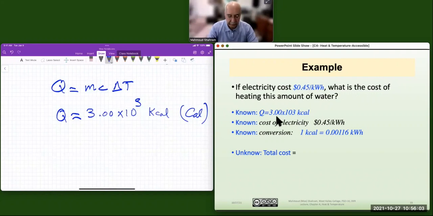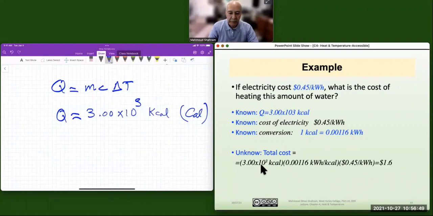This should be to the power of 3. It's a typo here. Now you need a conversion because these are all energy, right? So you can convert energies. So 1 kilocalorie, you look it up again, is 0.00116 kilowatt hour. So all you have to do is multiply that by the amount of heat energy.